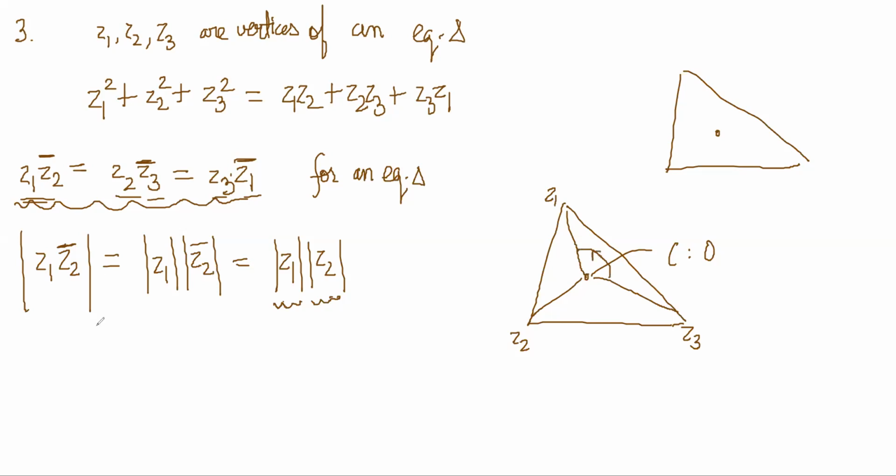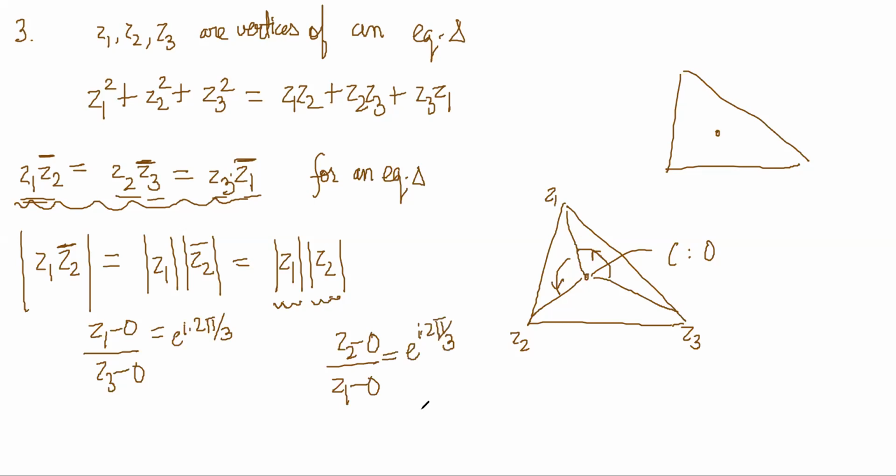So you will have Z1 minus 0 by Z3 minus 0 is equal to e power i 2 pi by 3, correct? And similarly, you will have this angle Z2 minus 0 by Z1 minus 0 is also e power i 2 pi by 3, no?